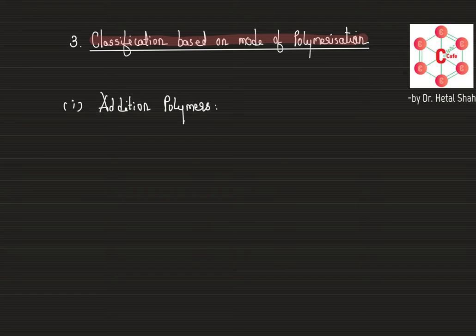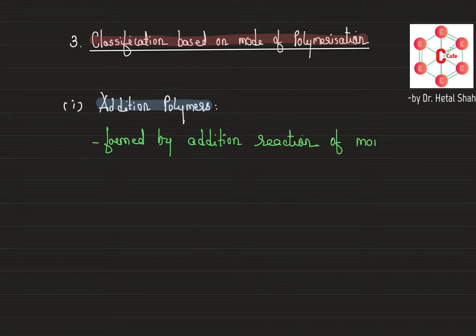Now these addition polymers are generally formed by addition of monomers. So here I may in short write: formed by addition reaction of monomers.